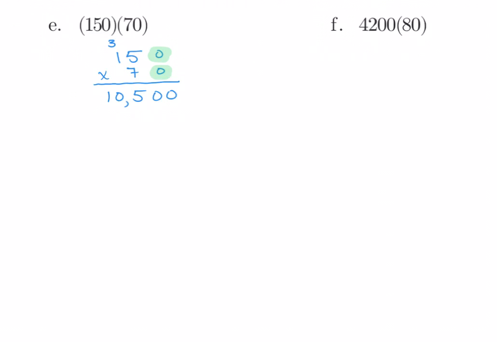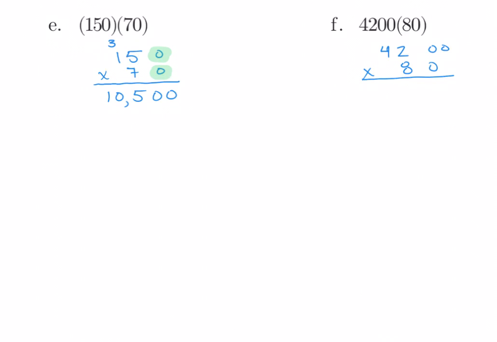All right, let's look at example F. Same idea. The numbers that I want to multiply are 42 and 8. I'm going to keep track of my zeros on the right side.